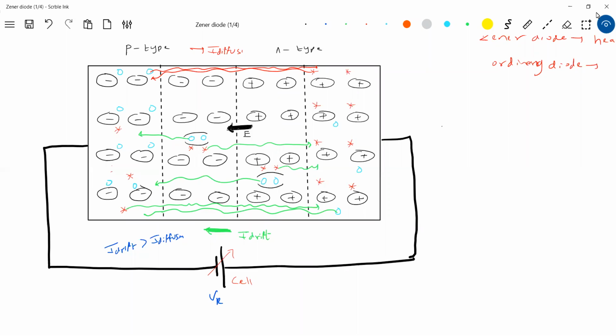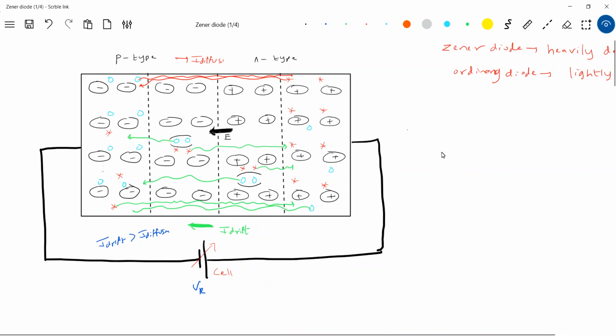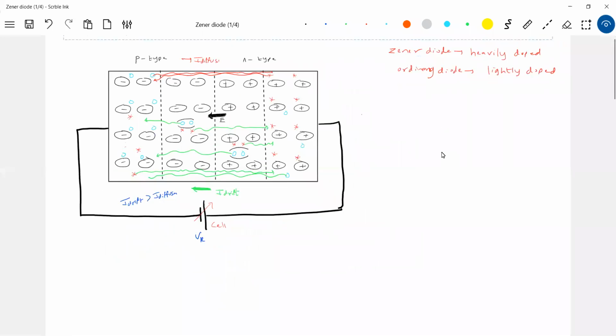If you can recollect, just let me put the diagram, I'll proceed so that it'll be easy for you. What is avalanche breakdown? The avalanche breakdown is like this. In avalanche breakdown, this happens in the depletion layer, not outside the depletion layer.